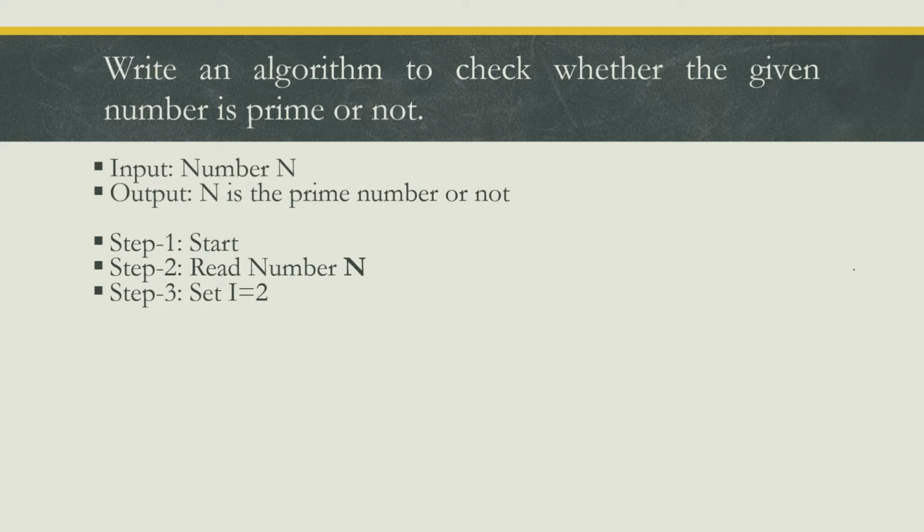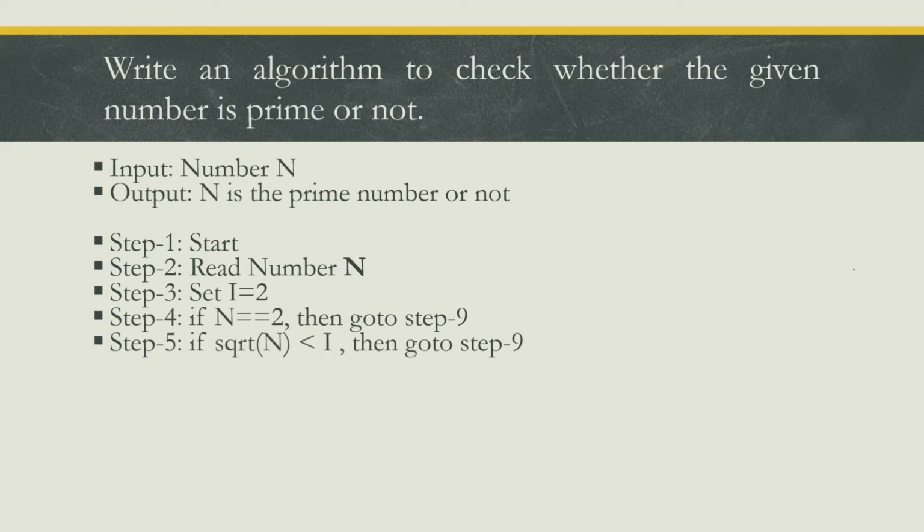Then, as I told you, we have to check whether the given number is 2 or not. If it is equal to 2, then that number is definitely a prime number. If it is not equal to 2, then we have to find the square root of that number.